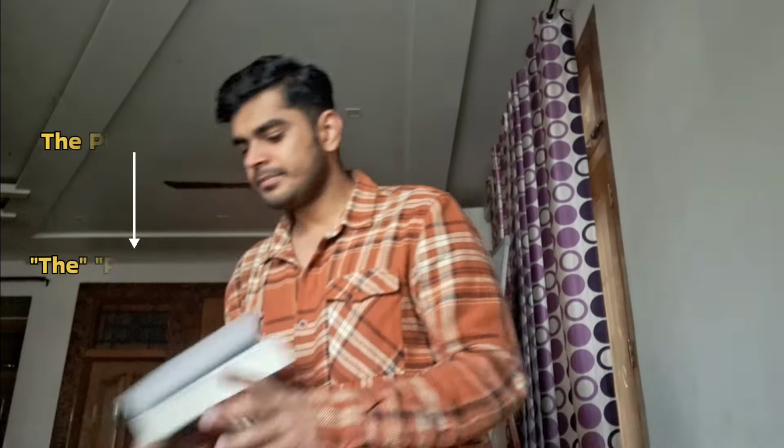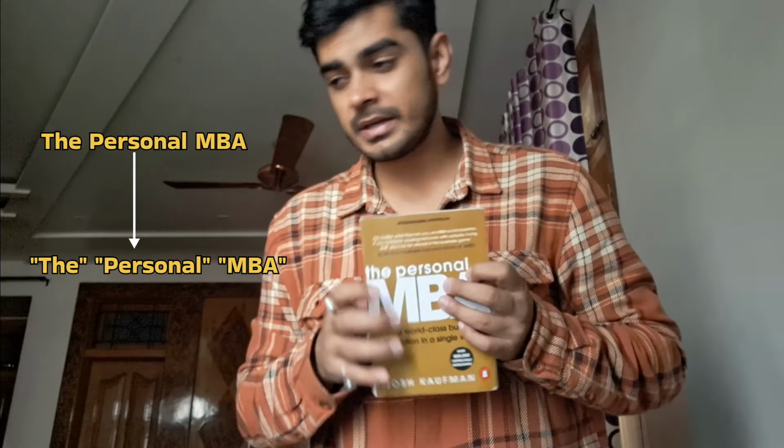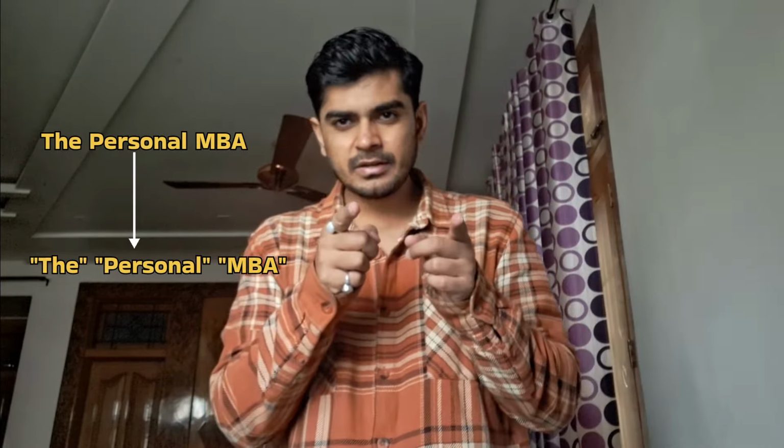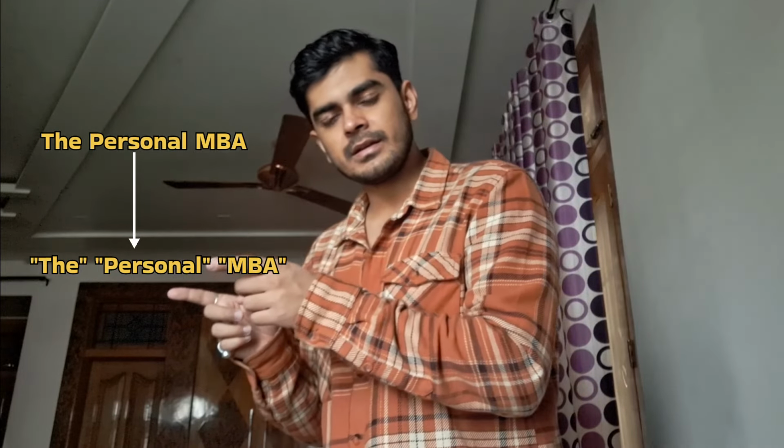So what are tokens? Tokens are nothing but, if I make "the", "personal" and "MBA" separate, a single word, a single character, or a single subword. Obviously, there is one caveat here. A token can be a character, a word, or a subword.